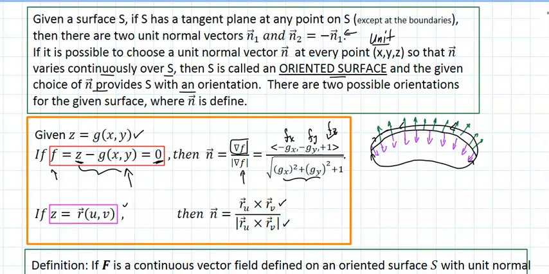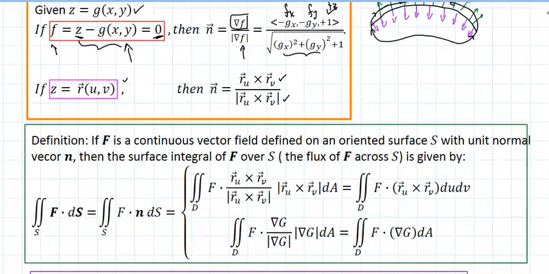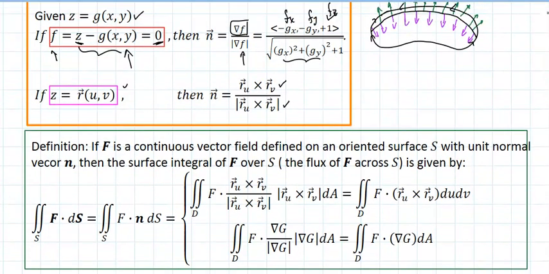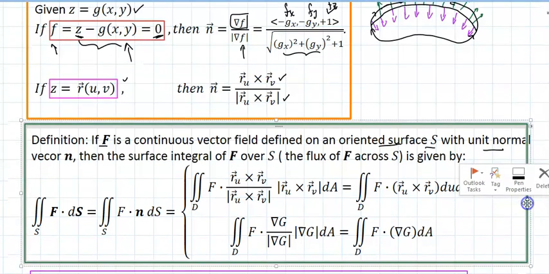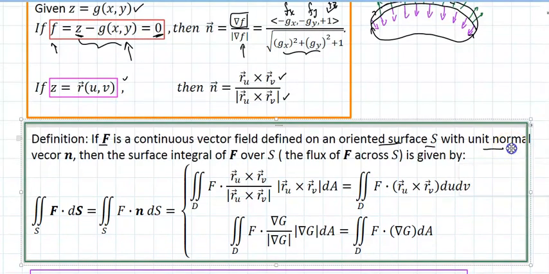Now, the reason I need the length to be 1, I don't want the normal vector to affect what I'm measuring. And once I talk about what I'm measuring, I'll come back and elaborate a bit more. Definition. If I have a continuous vector field defined on an oriented surface S with a unit normal, assume that you could find the unit normal, and that's going to be the key for what we're going to do.